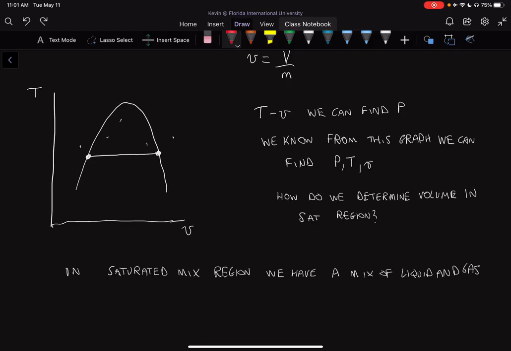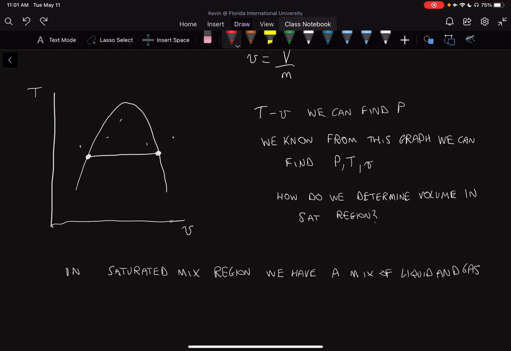So how do we determine the volume within that region? Try to think about how we could determine the volume within that region. The volume within that region is going to be defined by three different points.